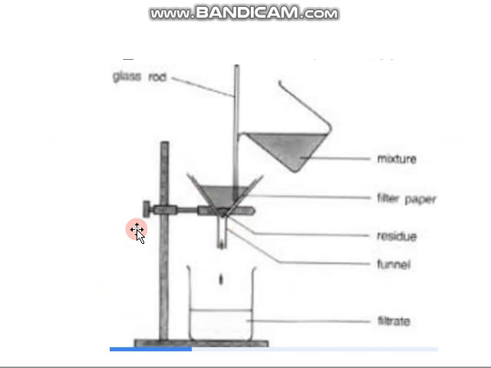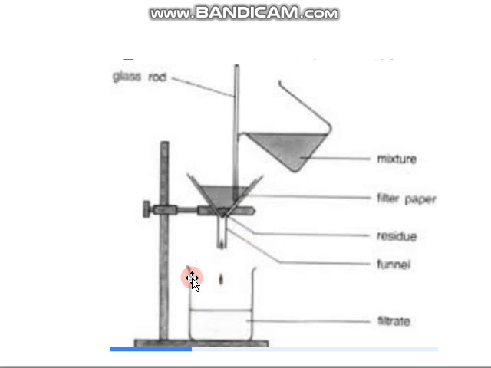A filtration apparatus will have the retort stand with a clamp. Here we have the funnel, and in the funnel is placed the filter paper. So you fold the filter paper and place it in. The mixture you want to separate is in the beaker here, and it is poured into the funnel, having the filter paper.